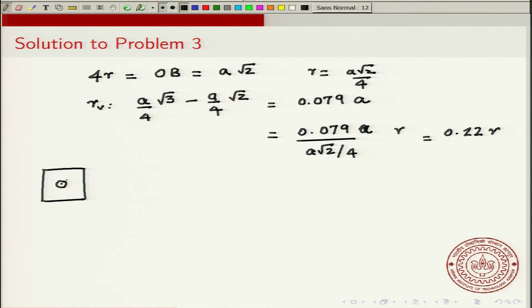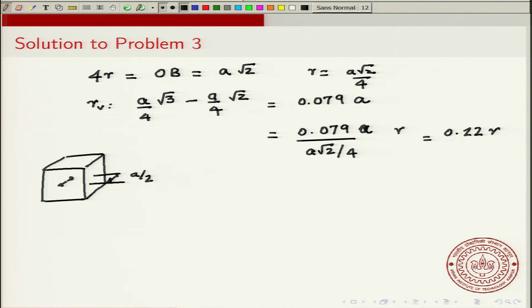Okay, so I'm going from the center of this face to the center of the cube. So clearly, this distance that I've traveled is A by 2.